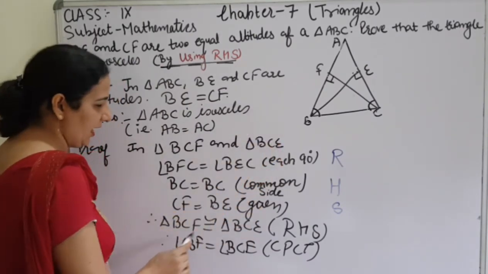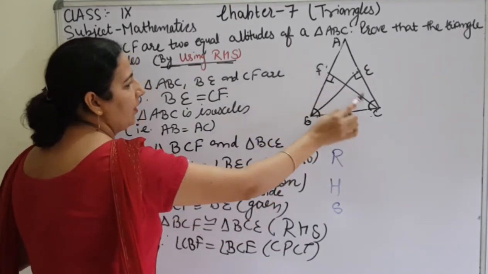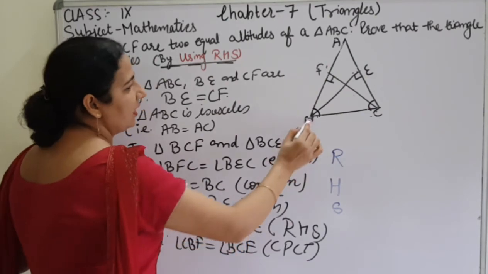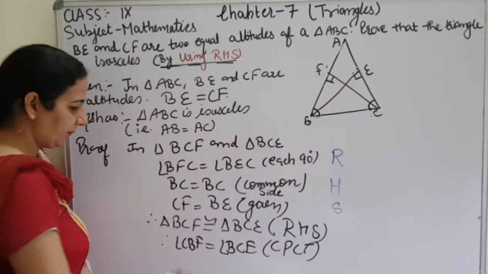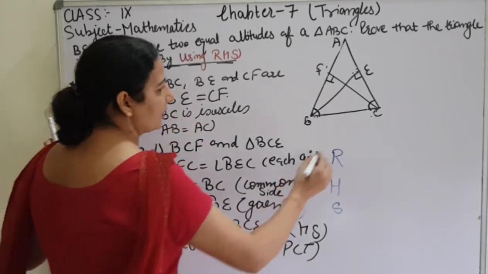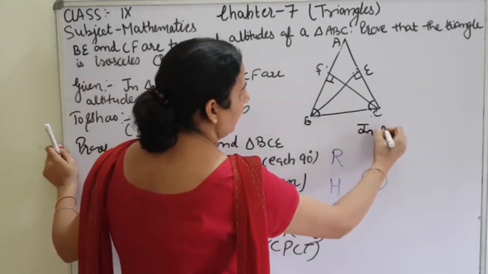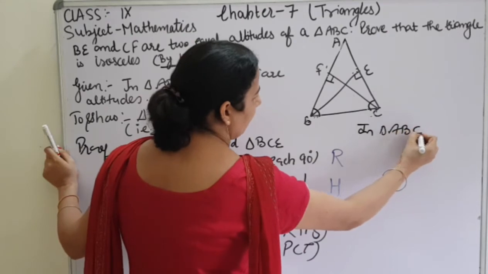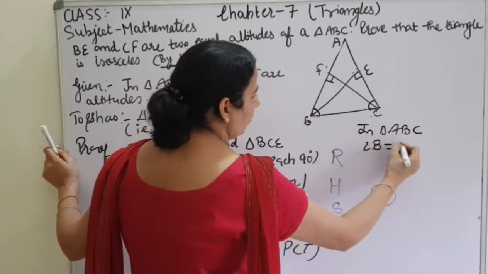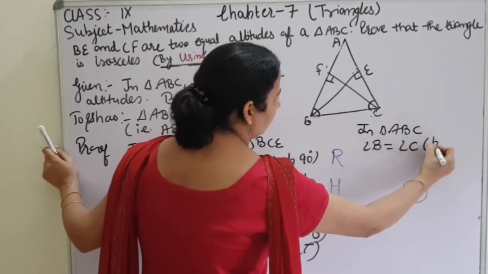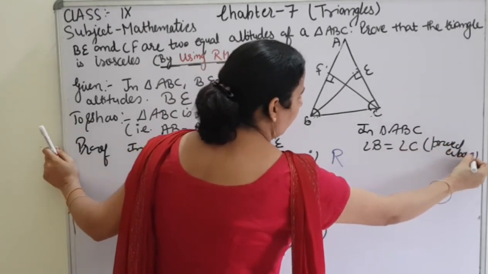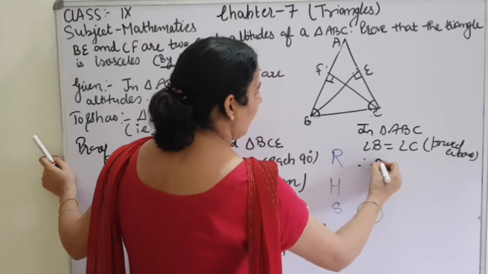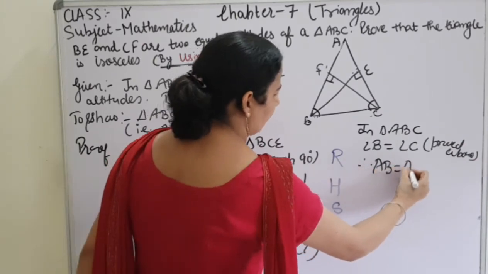What we have written here: CBF is equal to BCE, and the reason is CPCT. Therefore, if these two angles are equal, in triangle ABC, angle B is equal to angle C, reason: proved above. Therefore, what can we write? AB is equal to AC.